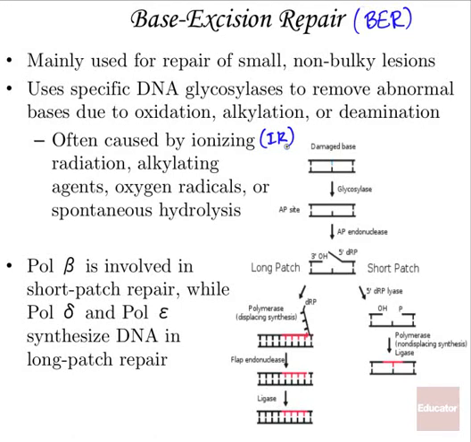Hydrolysis, remember, is just the breaking of something. So we see a damaged base, the glycosylase comes in, recognizes it, recruits an endonuclease to cut that piece out, and then we resynthesize the correct base and religate the gap.